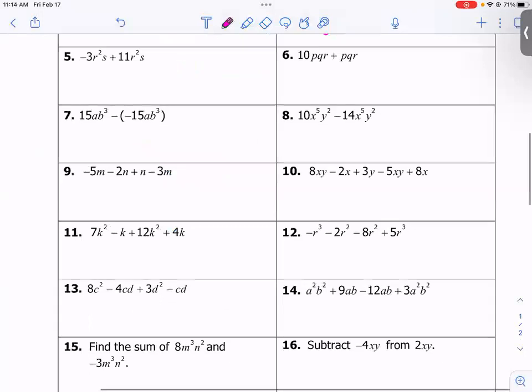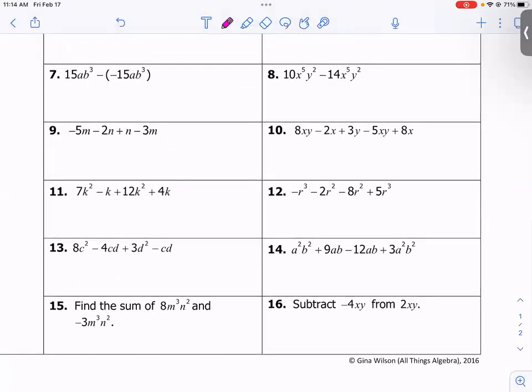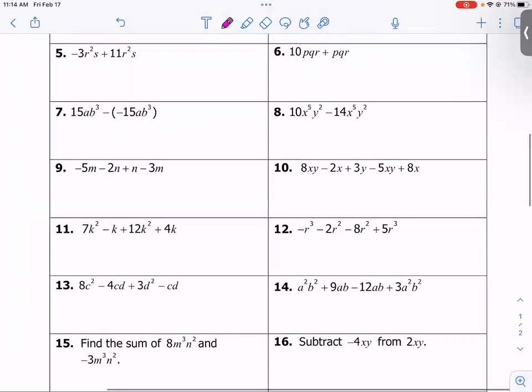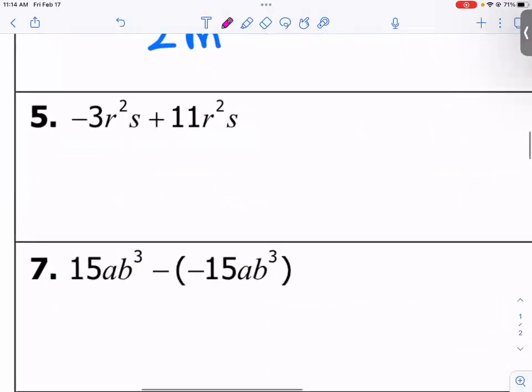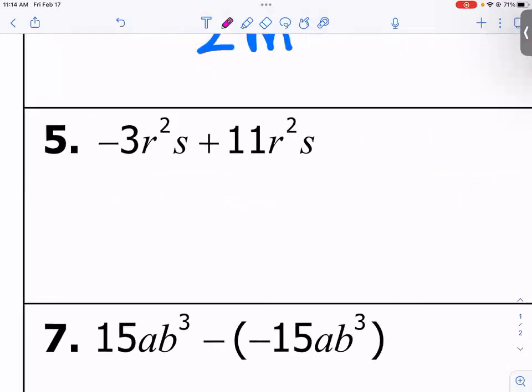Okay. So now what we're going to have to be careful with is when we have more than one thing to worry about. So like I want to zoom in here on number 5. Do you notice how we have exponents now? We need to make sure that our variables with their exponents match.